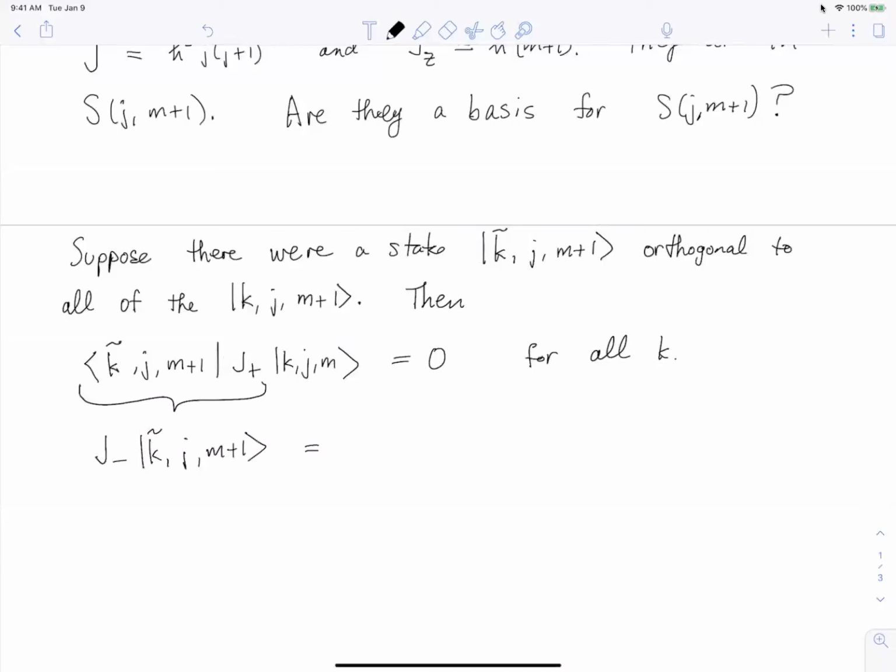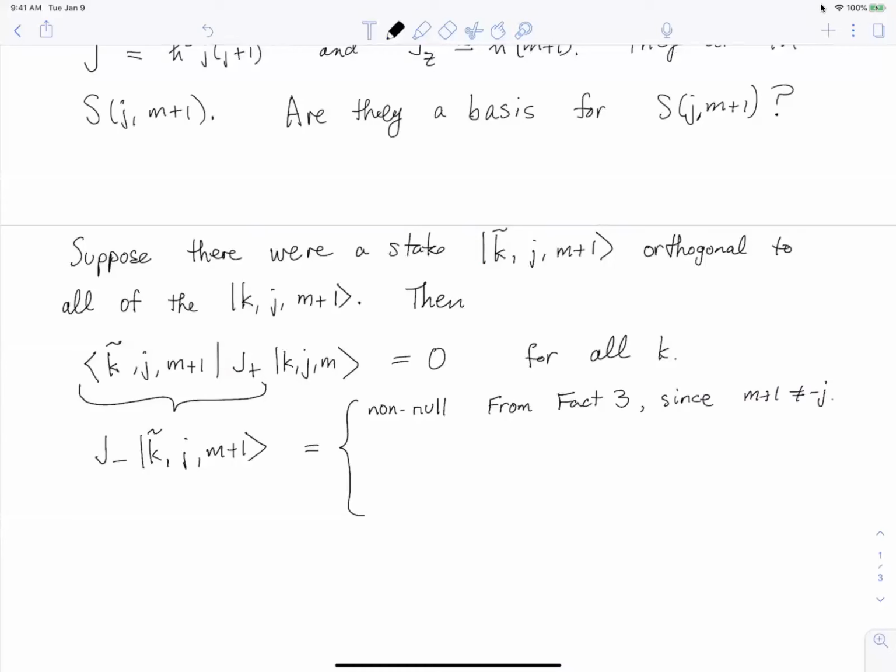And this is something that obeys the following properties. First of all, it's non-null. The reason we know it's non-null is from fact 3, which I reminded you of earlier, and that's because M plus 1 is not equal to minus J. If M plus 1 was equal to minus J, then M would equal minus J minus 1, and there's no such state in the Hilbert space.